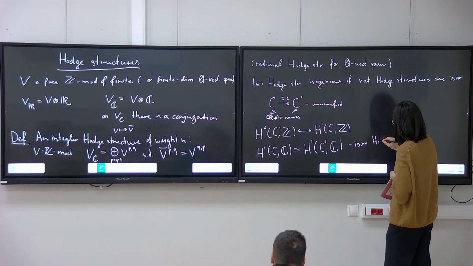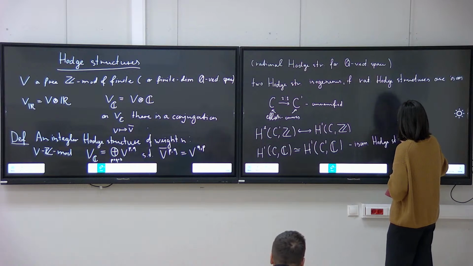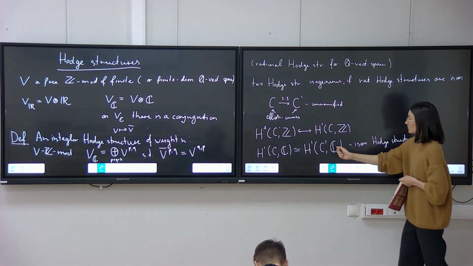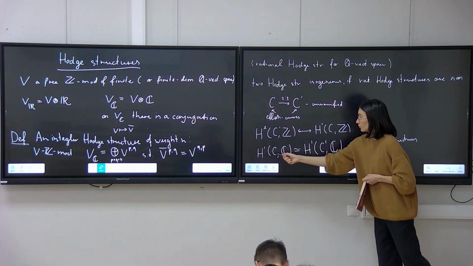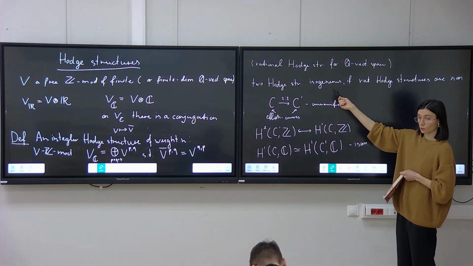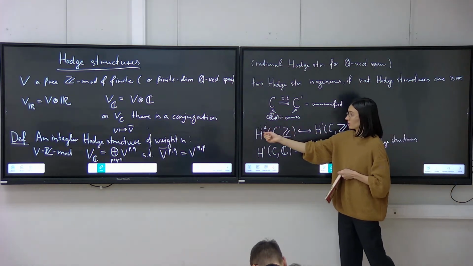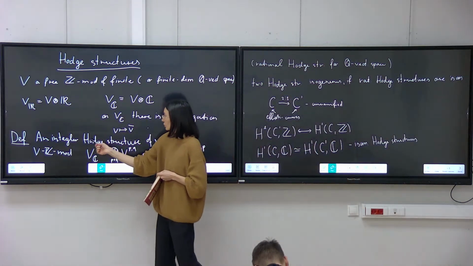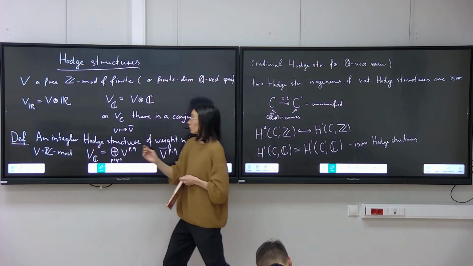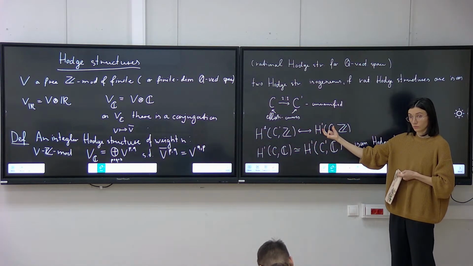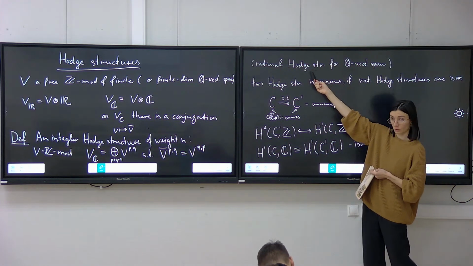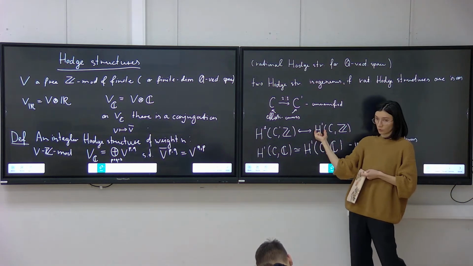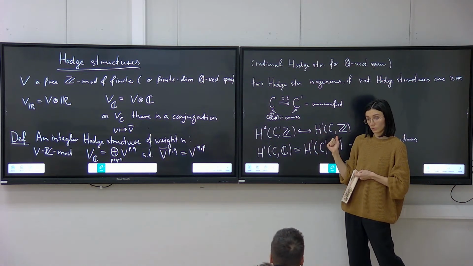So this means that their corresponding first cohomologies are isogenous Hodge structures, right? But the corresponding integral Hodge structures are not isomorphic, because here we have an embedding of index 2. On the level of rational Hodge structure, this is an isomorphism, but on the level of integral Hodge structure, no. Okay?